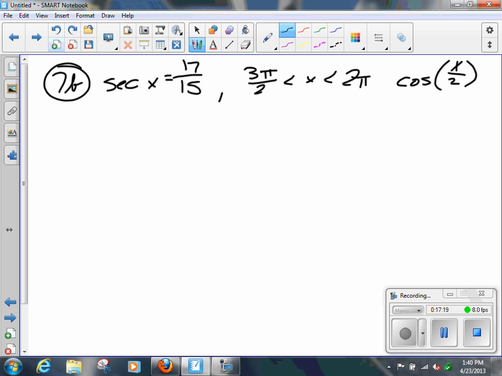Folks, am I going to tell you to use the double angle formulas? No. What will it say? Instead of me writing out, use the double angle formulas to solve this problem, it'll say find cosine or sine or tangent of 2x.